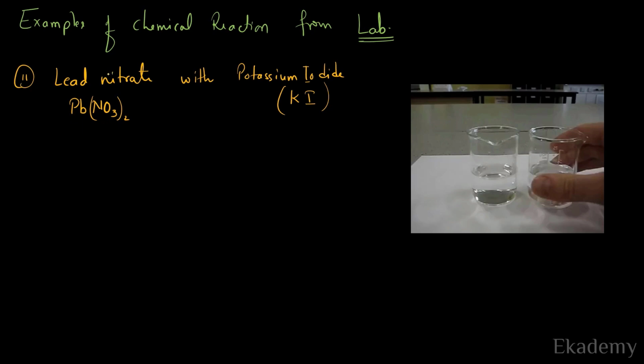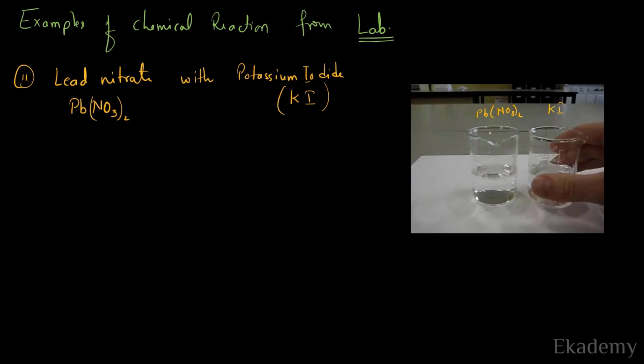What happens in this reaction is when potassium iodide is added to lead nitrate solution, both are water-like solutions as you can see in this image. So let us say this one is lead nitrate and the component in this beaker is potassium iodide.